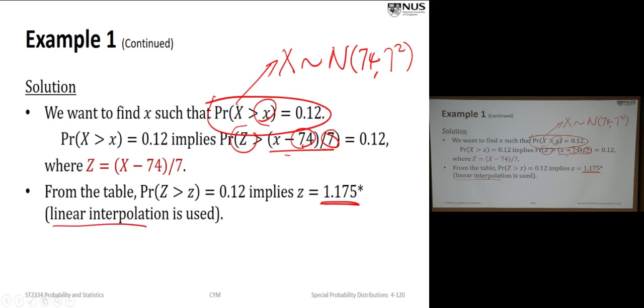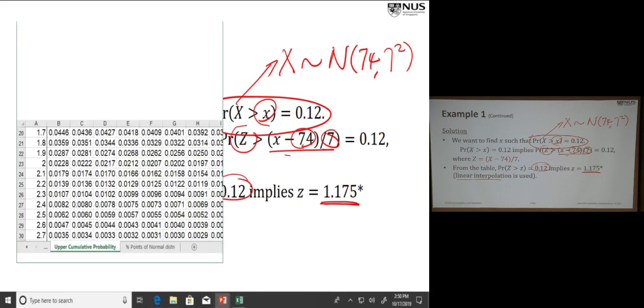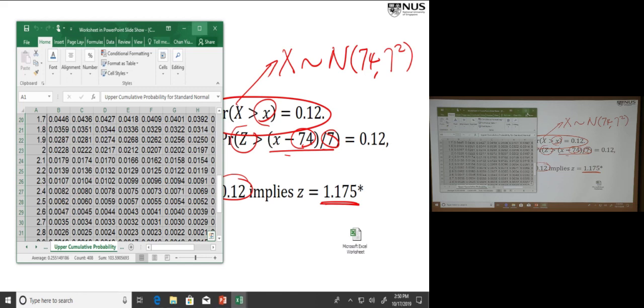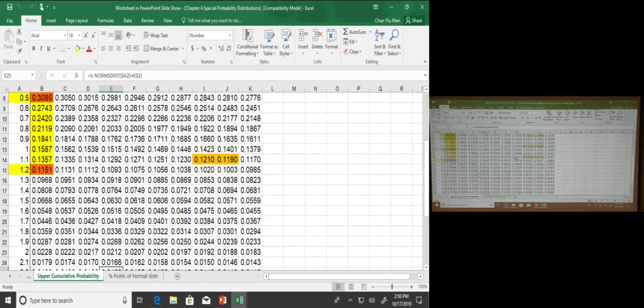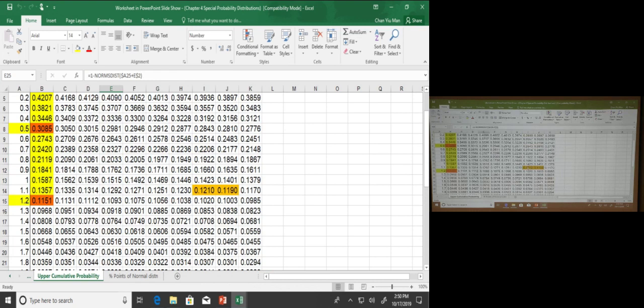But you can just take the nearest value, or close enough to give you 0.12. All right. So we want the probability to be 0.12.